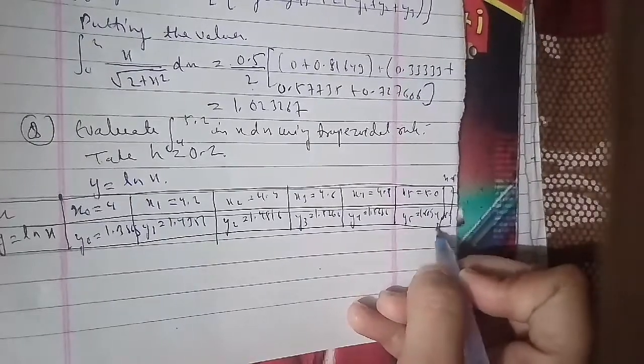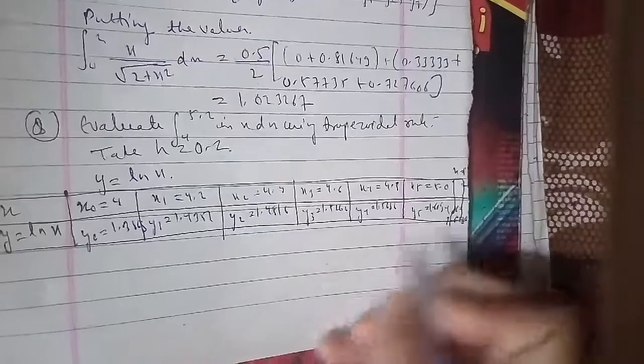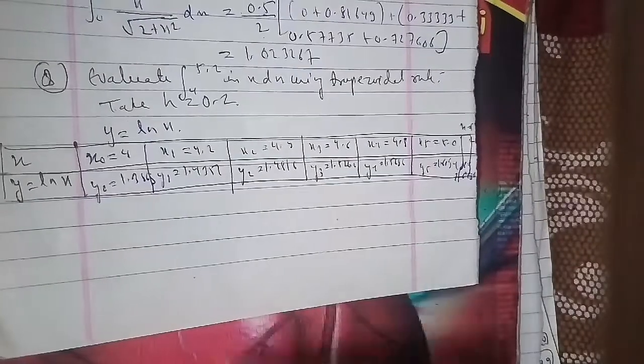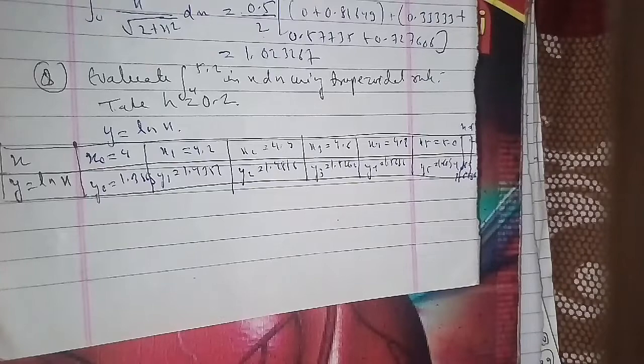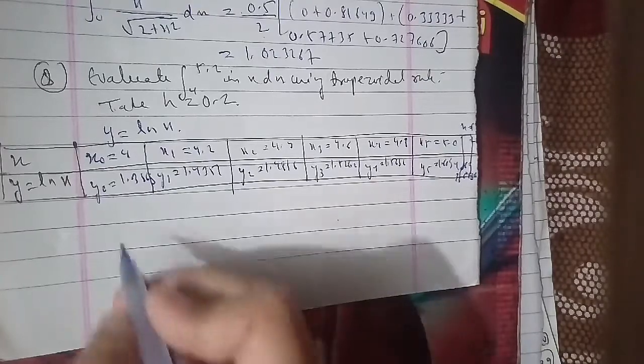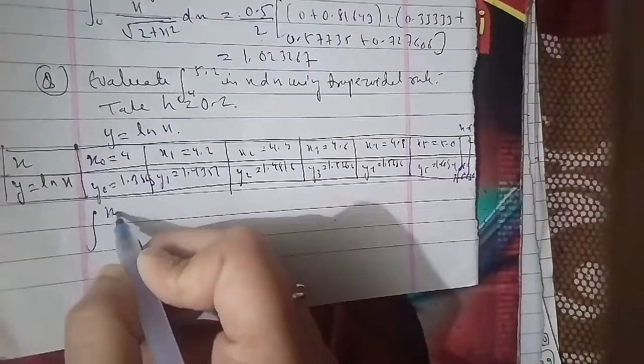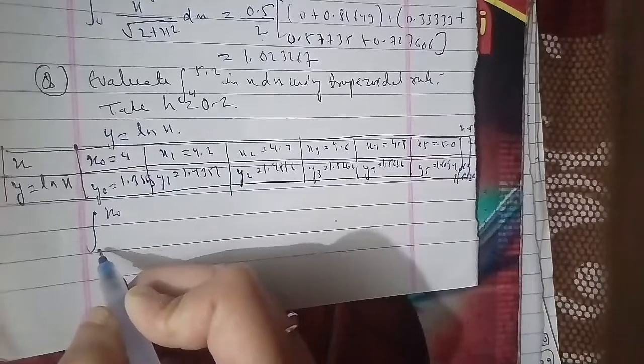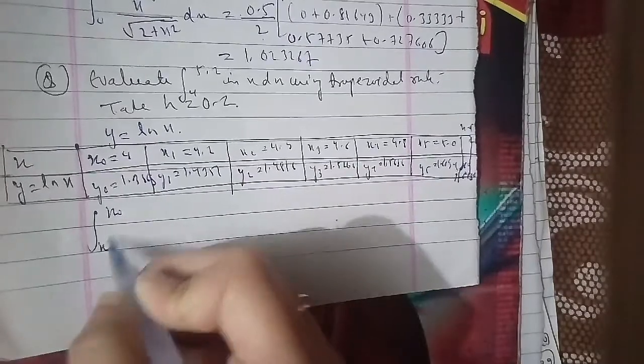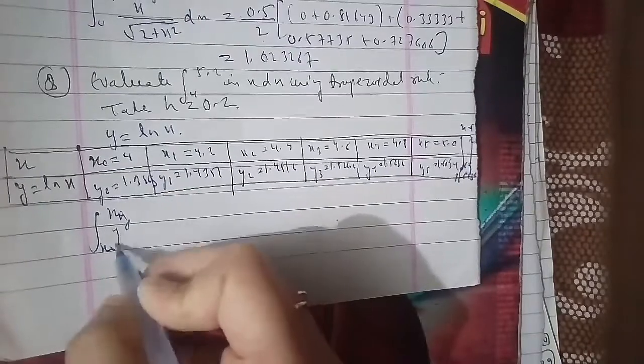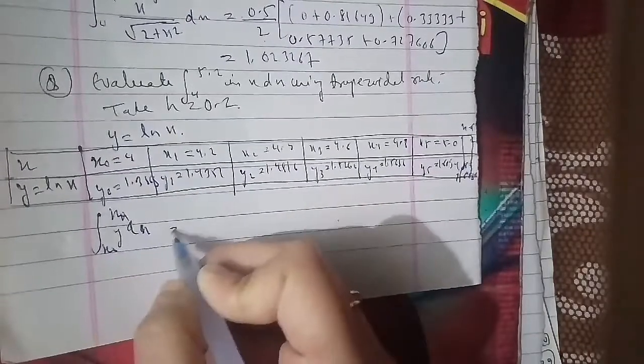the integral from x0 to xn of y dx equals h by 2 [y0 plus yn, we'll write the formula here, plus 2(y1 plus y2 plus y3 plus till yn minus 1)].